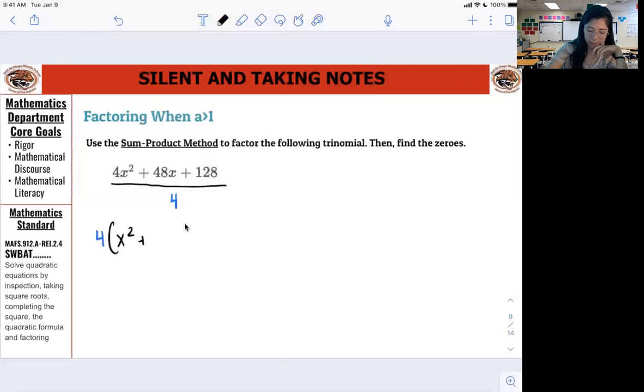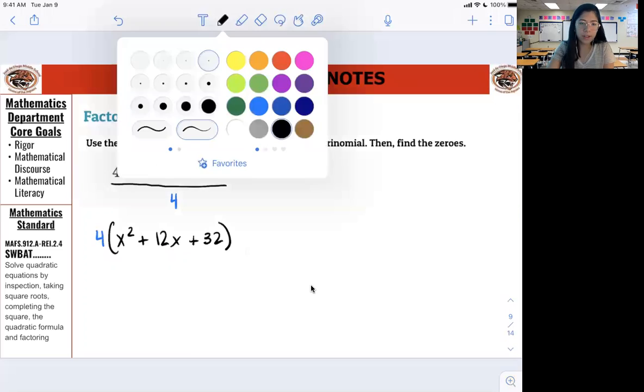So I got x squared plus 12x. And you can use your calculators, 128 divided by 4. 32 sounds a little more correct. 32. We're dividing it by 4. So here's my trinomial. Now I can factor the trinomial.